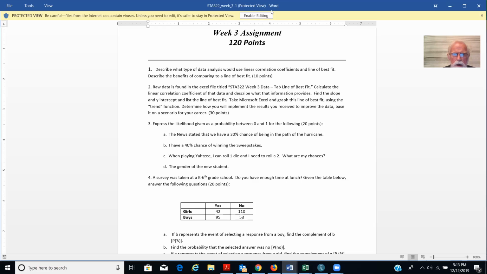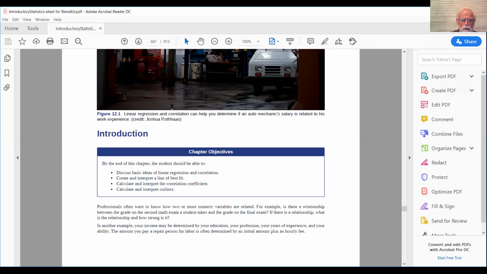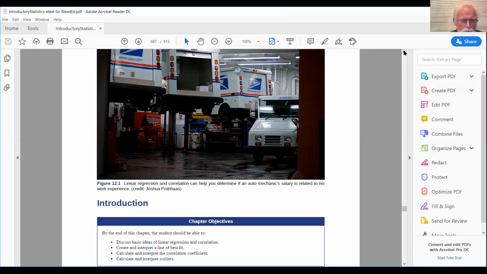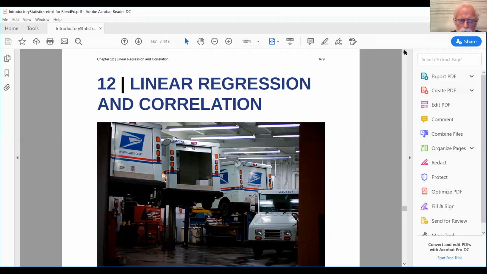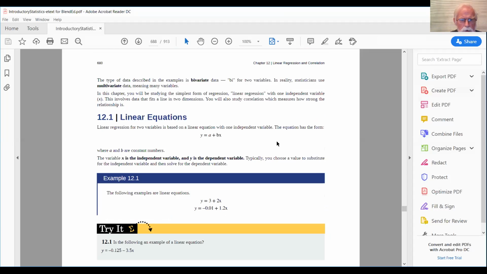Then I will go back to what we'll talk about for today. The reading is from the OpenStax book, the PDF text, chapter 12, which starts on page 679.